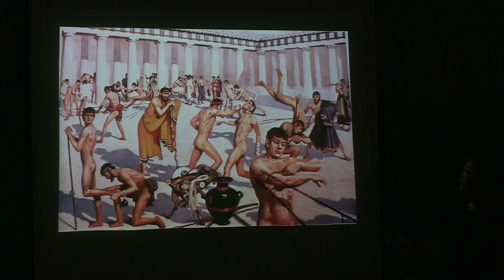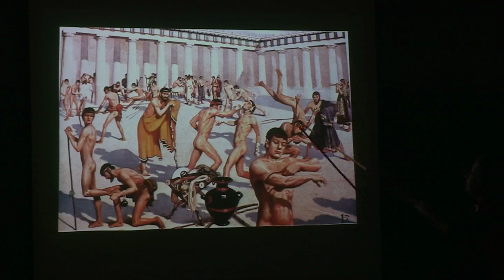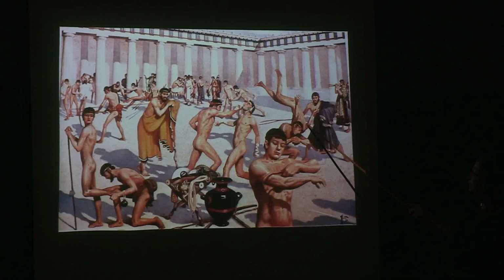So they would be engaged in the palestra, the courtyards connected with cold bathing facilities, to engage in wrestling or other games. Here you see an instructor with his stick, pointing at the right angle of somersaulting or whatever.